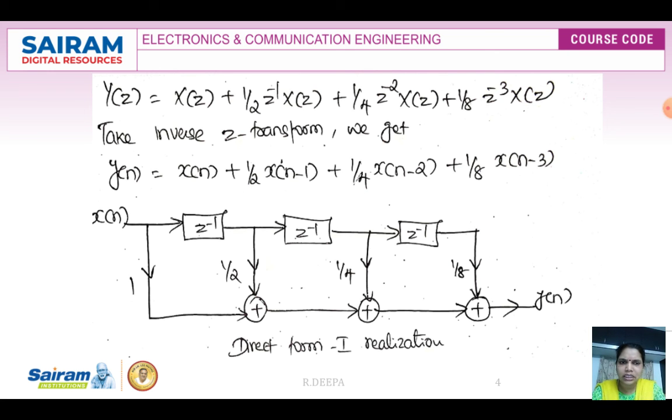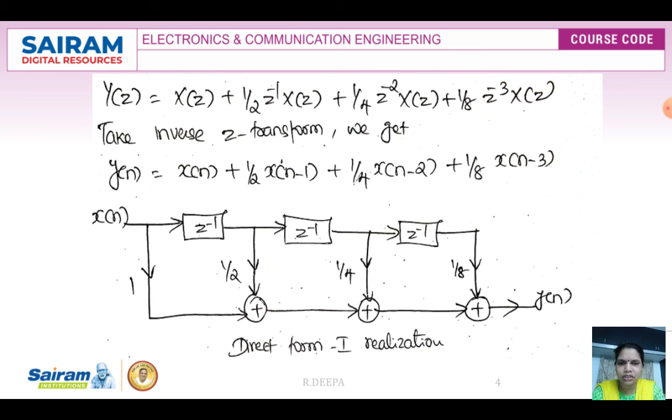So first let us generate all the delay elements, x of n minus 1, n minus 2 and n minus 3. Now in parallel let us multiply with b0, b1, b2 and b3, where b0 is equal to 1, b1 is 1 by 2, b2 is 1 by 4 and b3 is 1 by 8. Then we use summers, adders, to add each and every term. First we add x of n with 1 by 2 x of n minus 1.